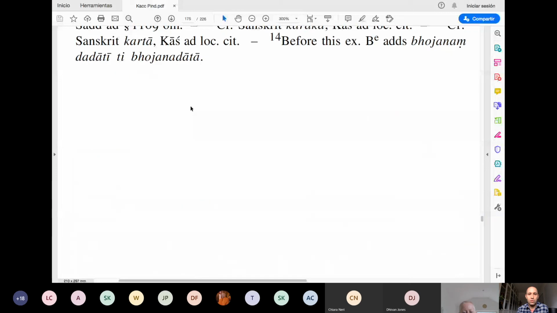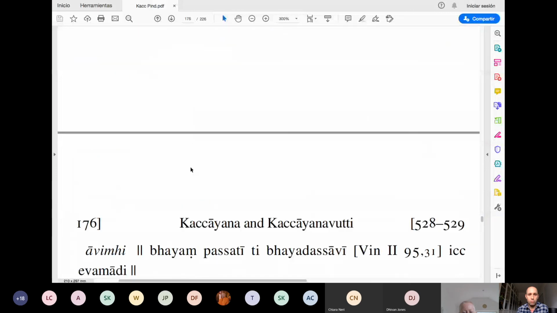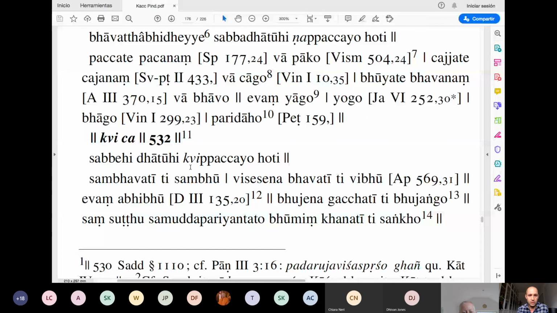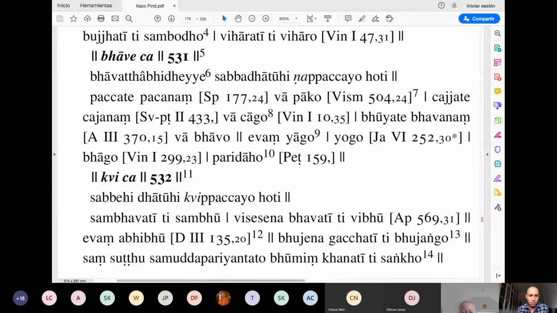Okay, I'm sure that someone who knows the Kaccāyana by heart could probably trace this sabbehi to its origin. But what it seems here is that you can see it also recurring here, sabbadhatuhi and sabbehidhatuhi recurring, and that's because of the cha. And then there is the kvi paccaya after any dhatu, any verbal root, literally.